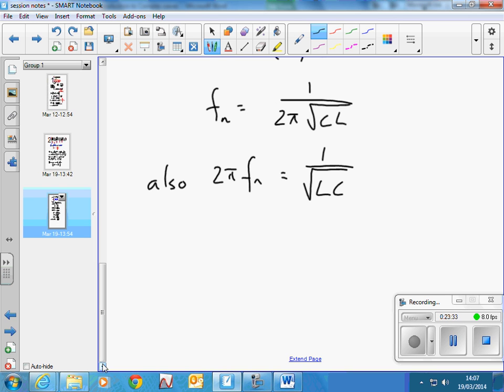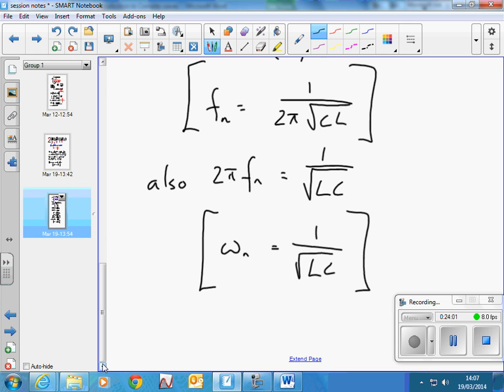So we've got another formula that's often quoted, that the angular velocity at which natural frequency occurs equals 1 over root LC. So for any circuit, I can find the angular velocity at which it would naturally oscillate by just dividing 1 by the square root of L times C for any particular circuit. And if I wanted to know what the natural frequency was, I'd just divide that by 2 pi. In other words, I use this formula here.